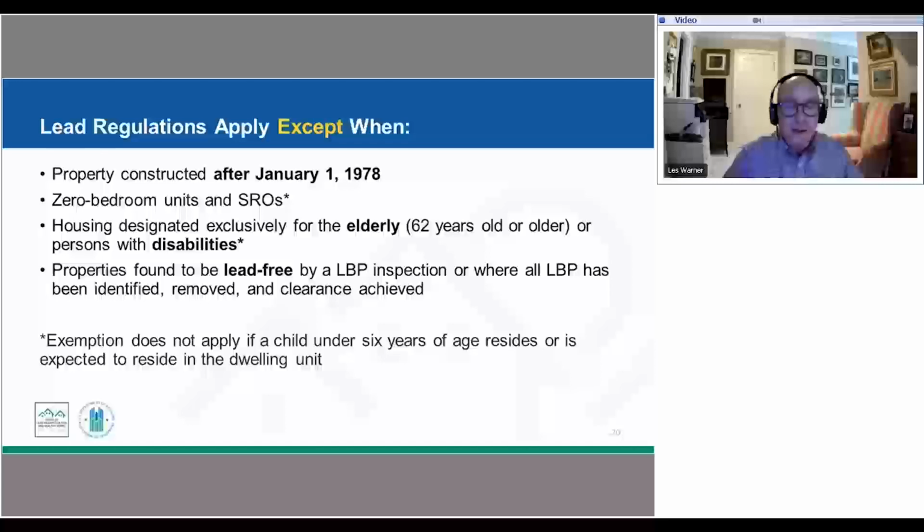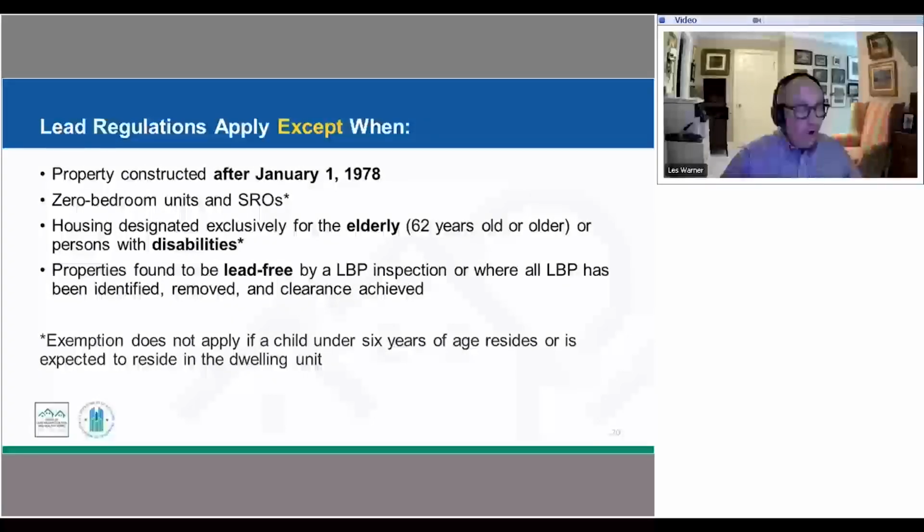If we can document that they've been inspected and determined to be lead-free, then they would be exempt from these requirements. In some cases, we will have properties that at one point included lead-based paint, but all lead-based paint has been identified, removed, and clearance achieved.